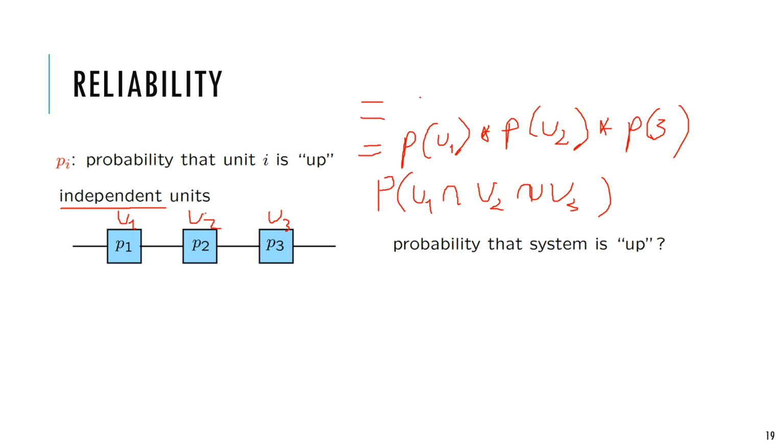So it's P1 multiplied by P2 multiplied by P3.